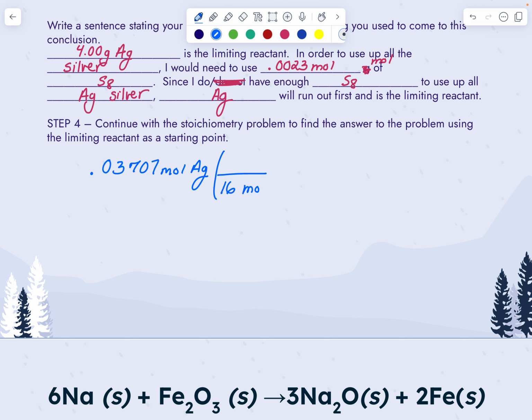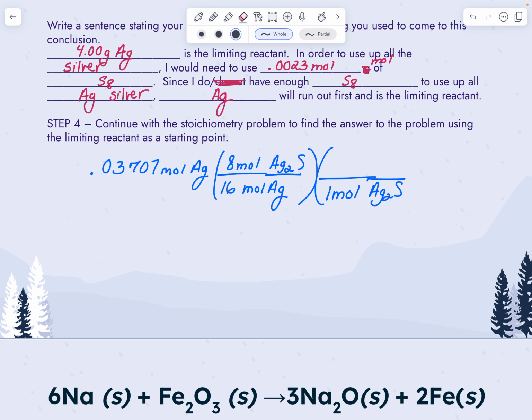So I will use 16 moles of silver for every 8 moles of Ag2S, and 1 mole of Ag2S will have a molar mass of 247.87 grams. So my final answer here, how many grams of silver sulfide can be made, is 4.59 grams of Ag2S. That's the ending of that problem.